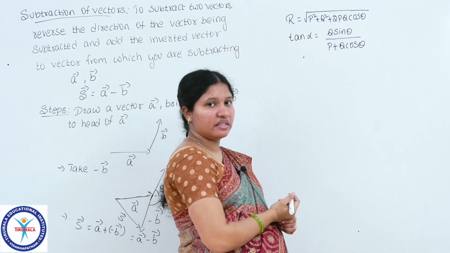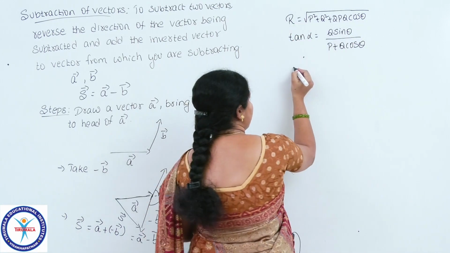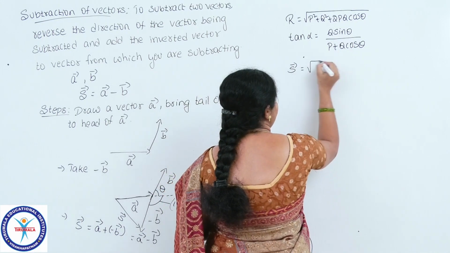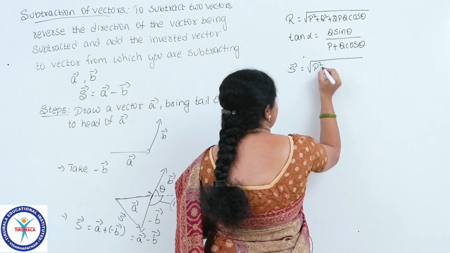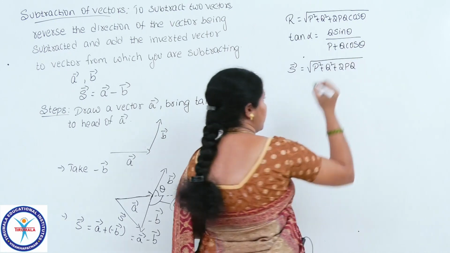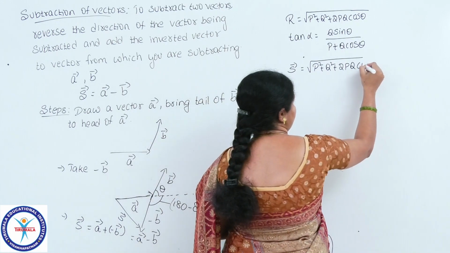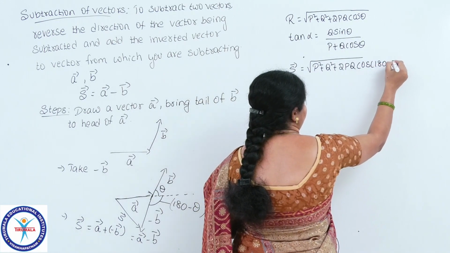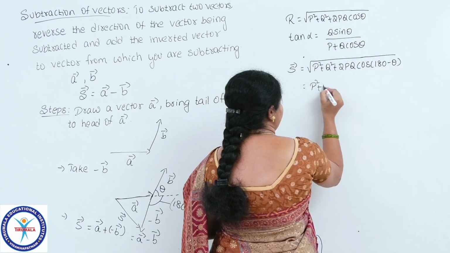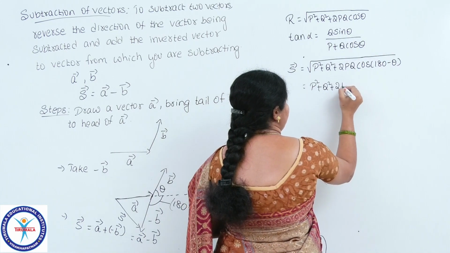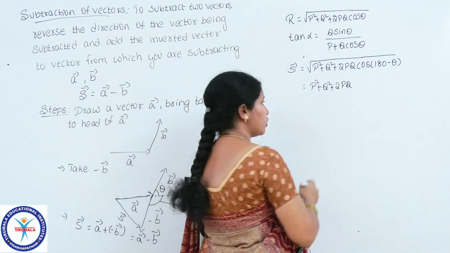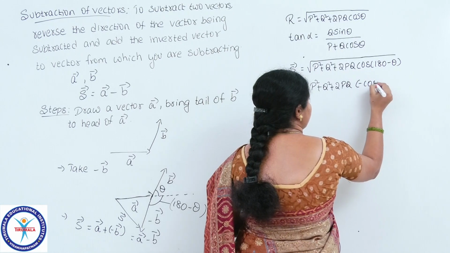So, the resultant which we denote with S bar in subtraction, S bar equals square root of P square plus Q square plus 2PQ into cos of 180 minus theta. Cos of 180 minus theta gives you minus cos theta.